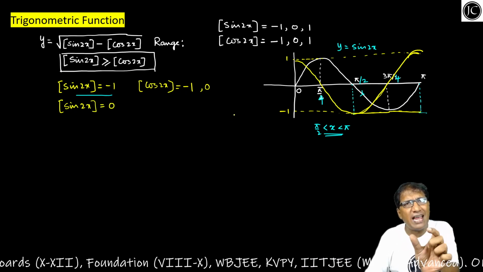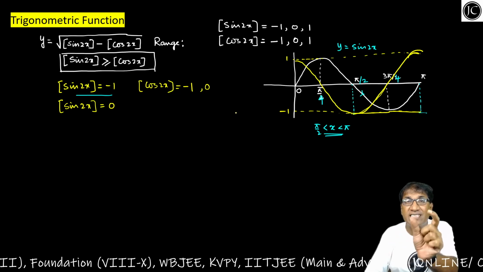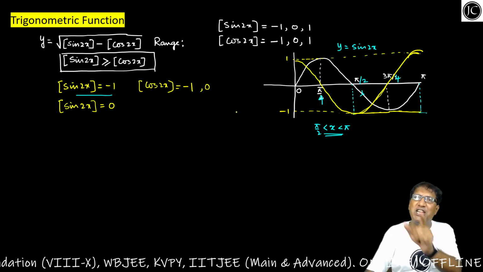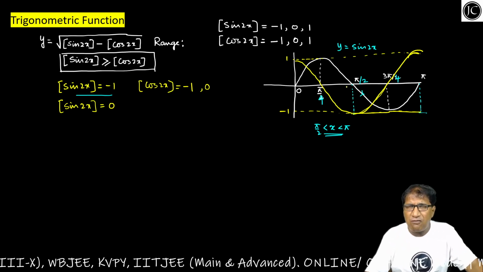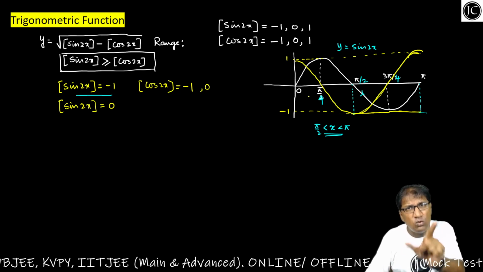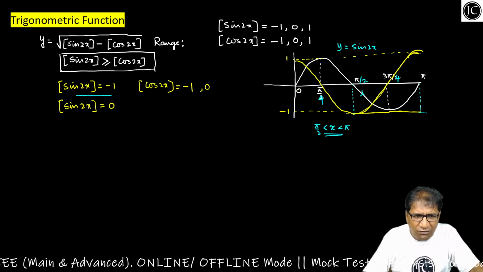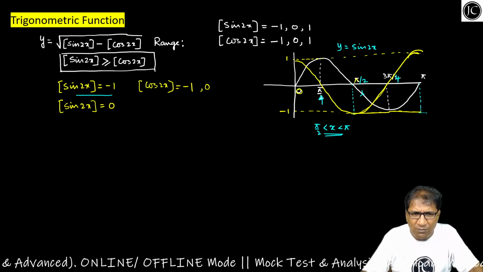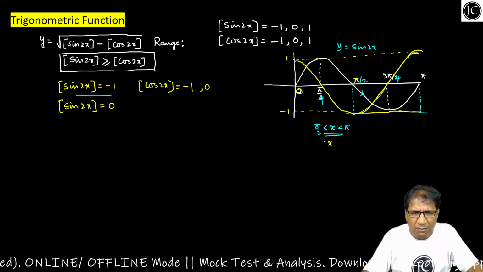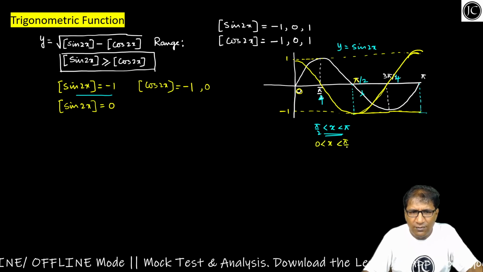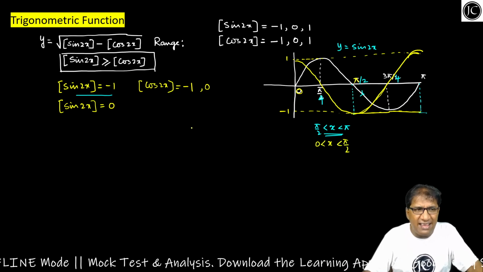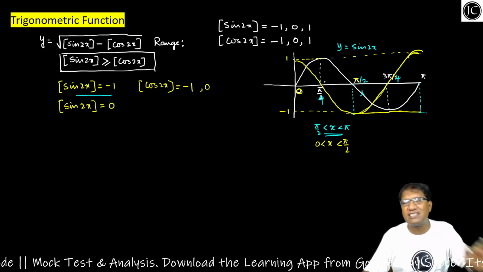Okay, let us say when box of sin 2x is assigning the value 0. But your box of sin 2x 0 value कब लेगा? When sin 2x is lying between 0 and 1. अभी इस ग्राफ में देखो कहां पर sin 2x is assigning the value from 0 to 1. It is clear that from 0 to pi by 2, in that case, your box of sin 2x is assigning the value 0.